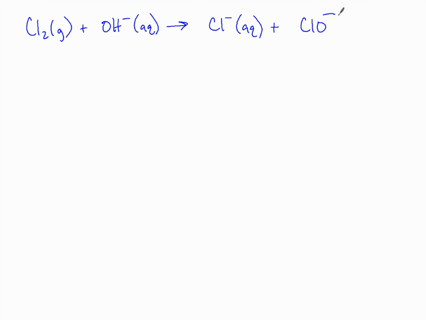Okay, so let's look at one more and then there'll be time. So the last one, chlorine gas plus hydroxide aqueous yields chlorine ions plus ClO minus aqueous.